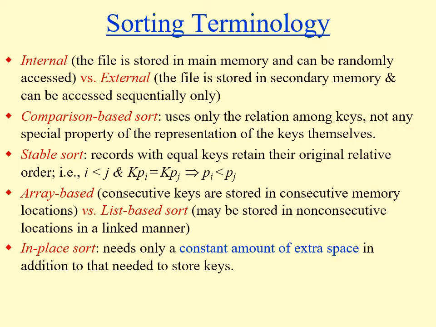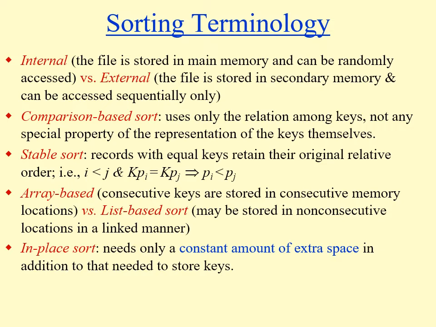Constant, that's the most important keyword here. That means it doesn't depend on the size of the original sequence to be sorted. So we don't need to increase the extra space if the size of the sequence is increasing. So this is the idea.